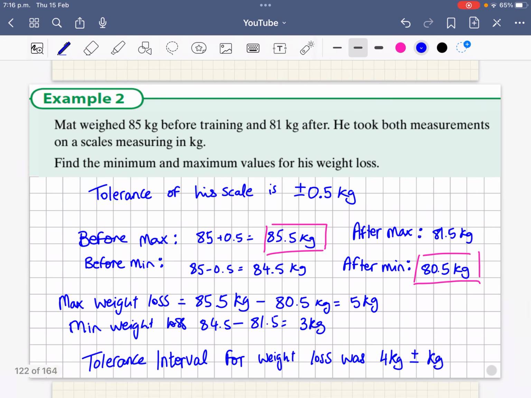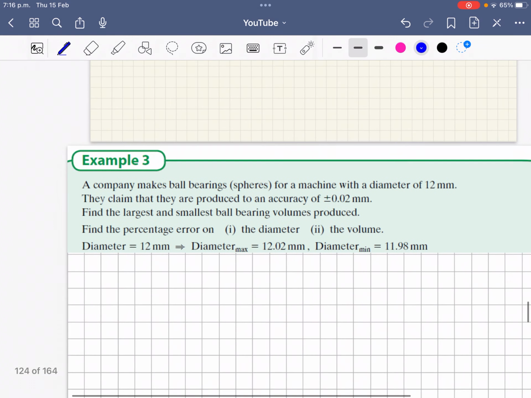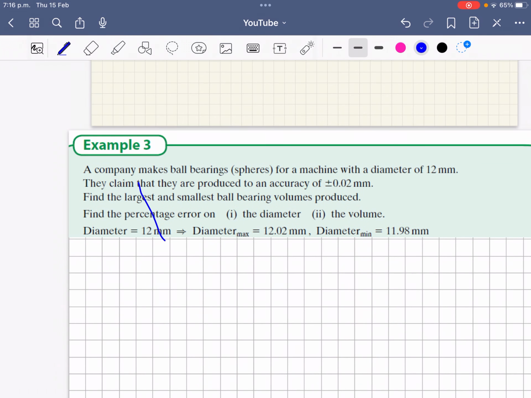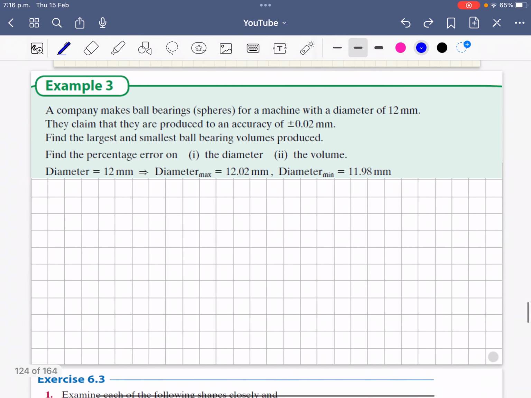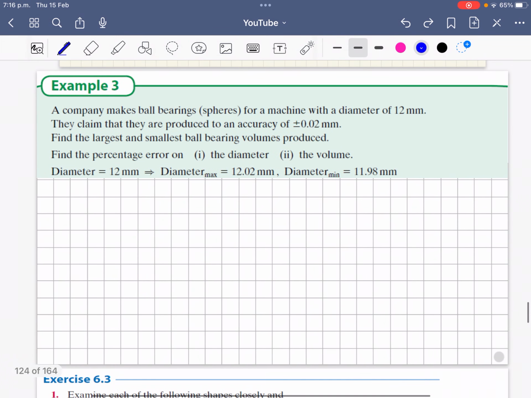Now if we look at our next example, I apologise. A company makes ball bearings, which are spheres. Some questions you'll notice talk about ball bearings, and it might not tell you that they're spheres. So now you know a ball bearing is a sphere.